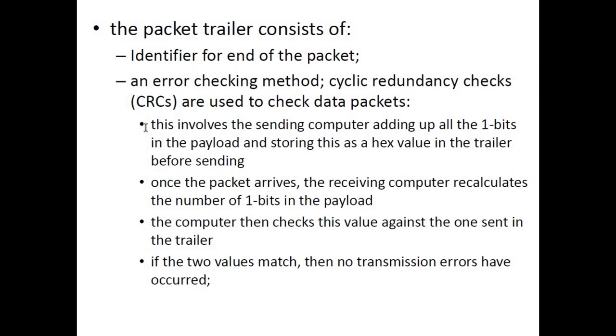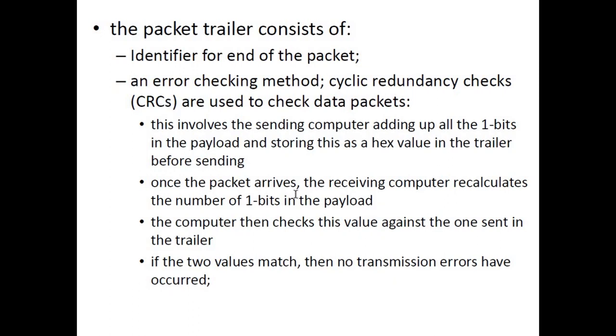Inside the payload, all the bits which contain a value of 1 are added together, and after binary addition, whatever value is found, that value is converted into a hexadecimal number, and then that hexadecimal number is stored in the trailer before sending.